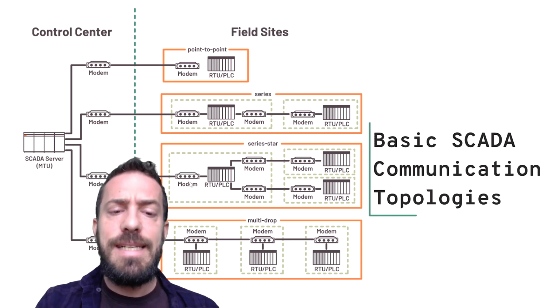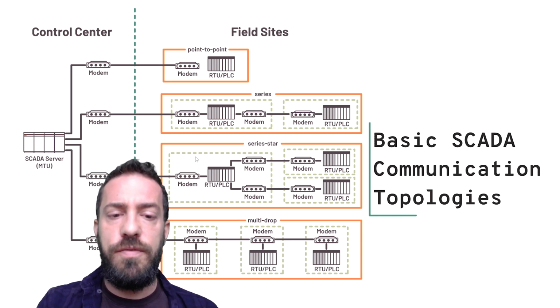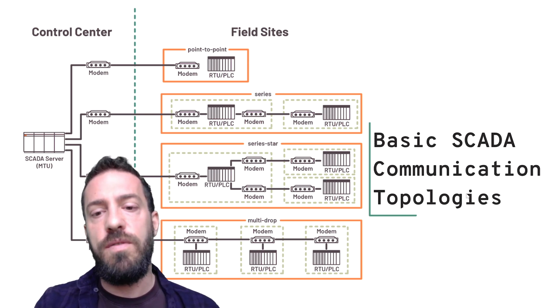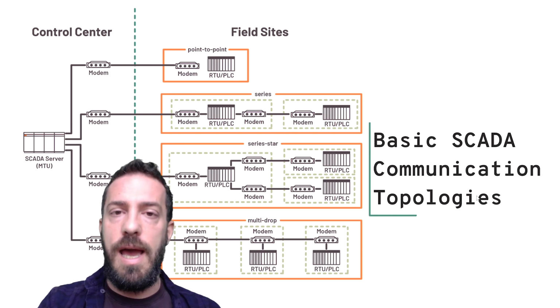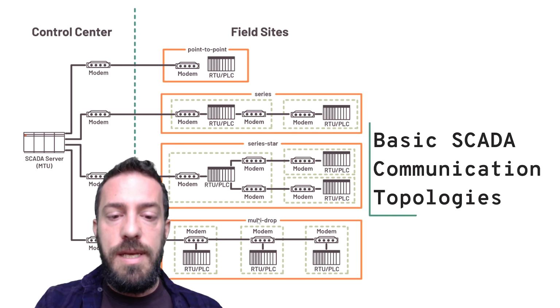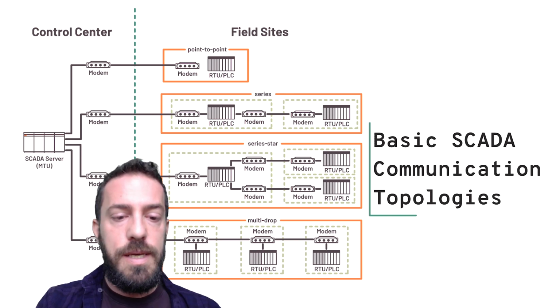So this is again a single point of failure here, but if something goes wrong here, this chain won't be affected. And it's not uncommon for PLCs to be connected in kind of a daisy chain. And the last topology that we'll discuss in this slide is called multi-drop. So here the modems are connecting in series.